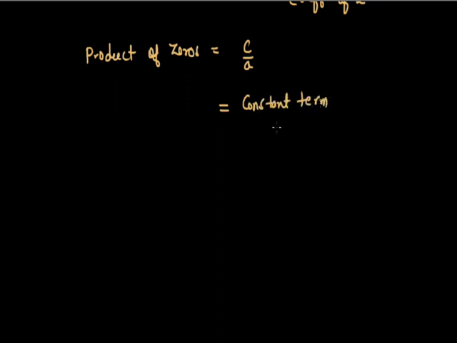Now product of zeros is equal to c/a, which is the constant term upon coefficient of x². So this is the relationship between the zeros and coefficients of a quadratic polynomial.